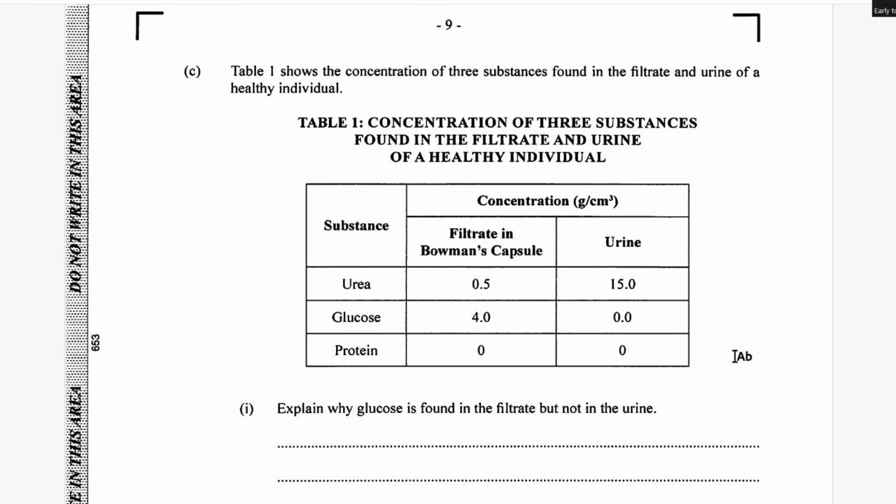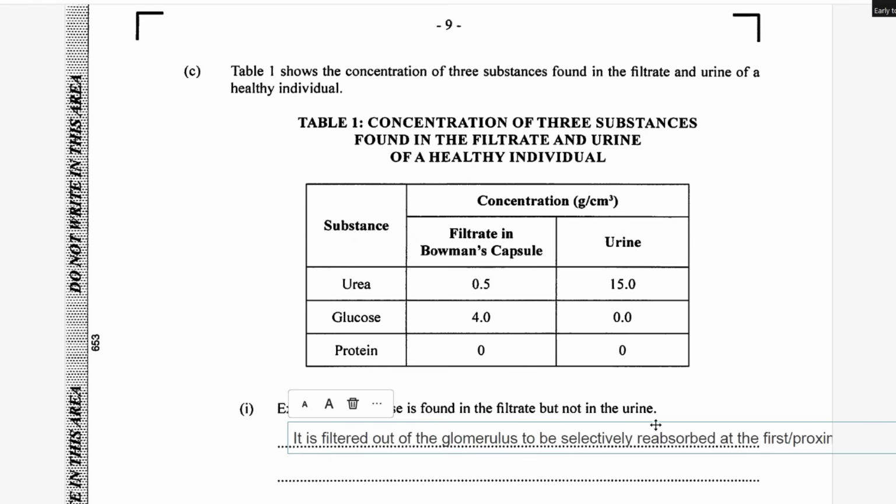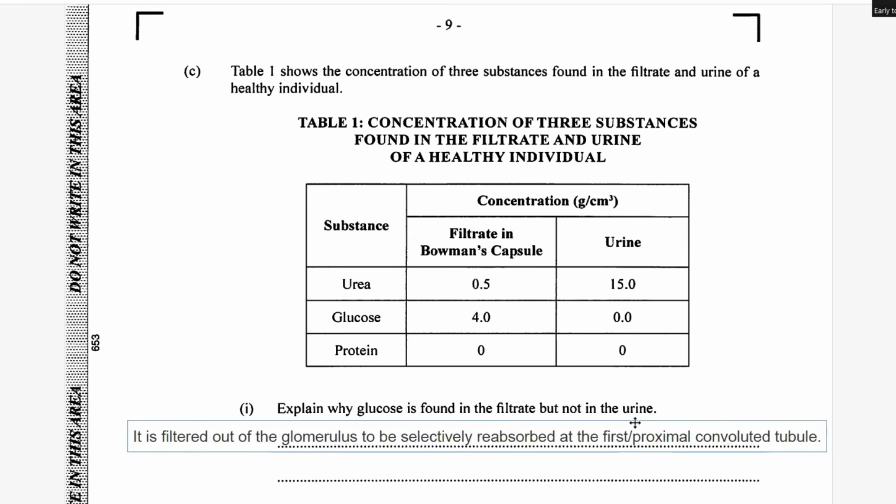So there should be no glucose in the urine, but it will be in the filtrate because in the glomerulus, it is filtered out into the Bowman's capsule, and then it is reabsorbed through selective reabsorption. You know that happens in the first or proximal convoluted tubule.